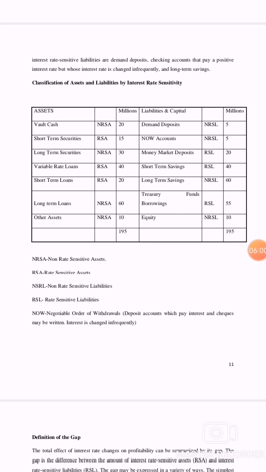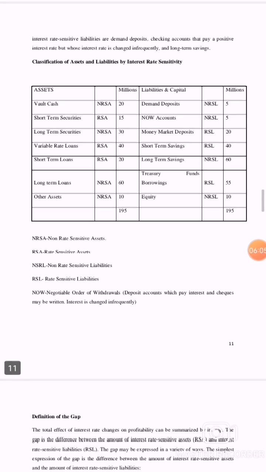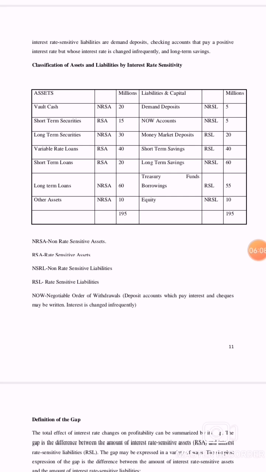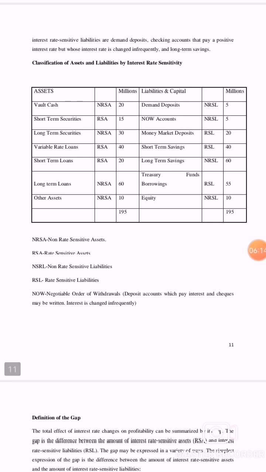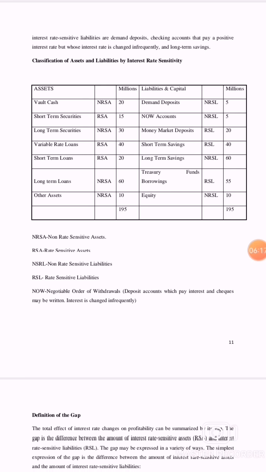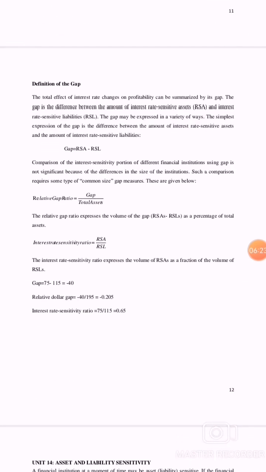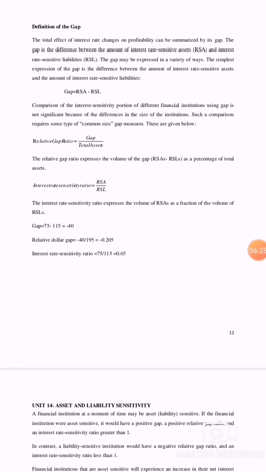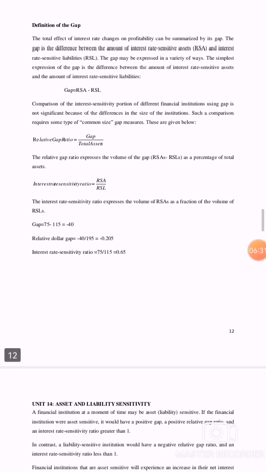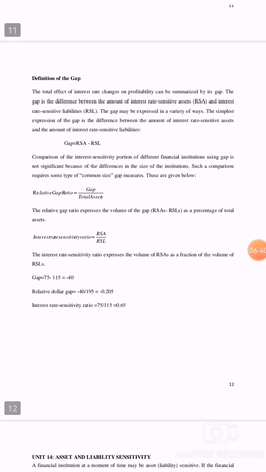When you sum them up, you're going to have 75. On the liability side, disregarding the NOW accounts, demand deposits, money market, RSL is 20 plus short-term savings 40 plus treasury fund borrowings. You sum them up, you have 115. So when you do 75 minus 115, by the way, you are not going to disregard the sign. If you have a negative value, you have to show it. So that's your first formula, gap, RSA minus RSL. Very simple.